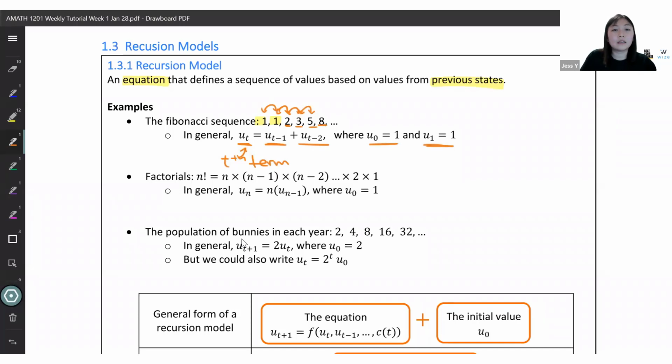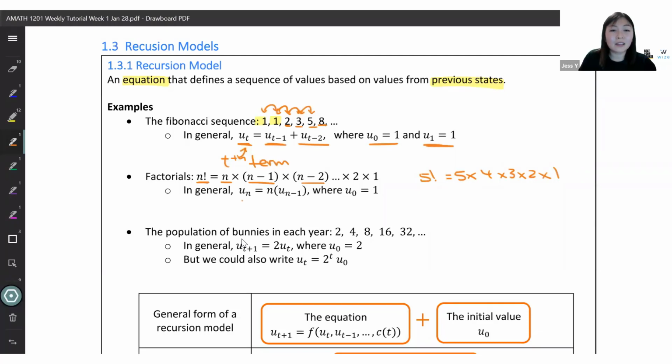Another example is the factorials. n factorial, with this little exclamation mark, means I'm going to have n times n minus 1, n minus 2, all the way down to 1. For example, 5 factorial is 5 times 4 times 3 times 2 times 1. And the terms in the factorial depend on previous terms.